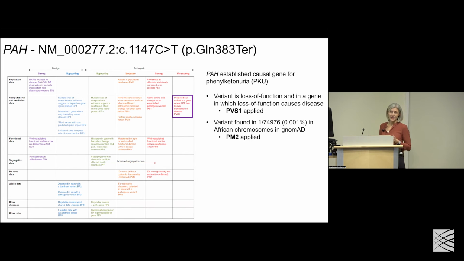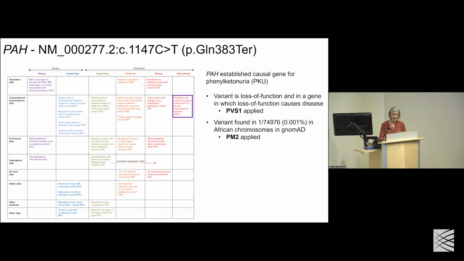You look in the gnomAD database for this variant to see what its population frequency is like, and you notice that it's in 1 out of almost 75,000 African chromosomes in gnomAD, which translates to a 0.001% frequency. This allows us to apply the PM2 criterion, which says either the variant is completely absent in gnomAD, or is at a very low frequency consistent with a recessive disorder, which is what we're looking at here.